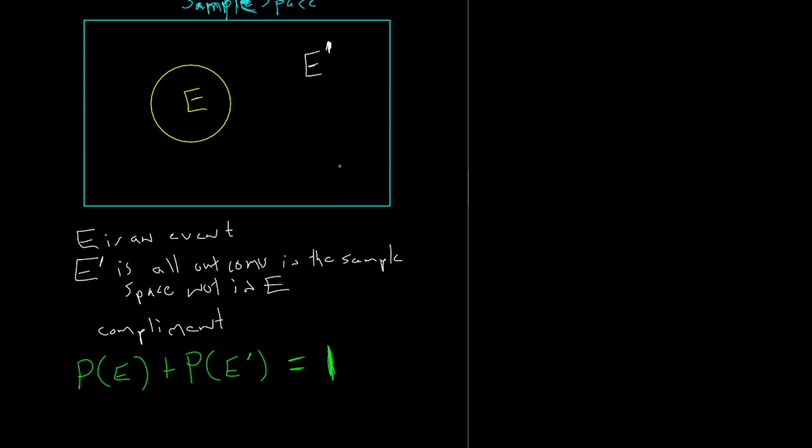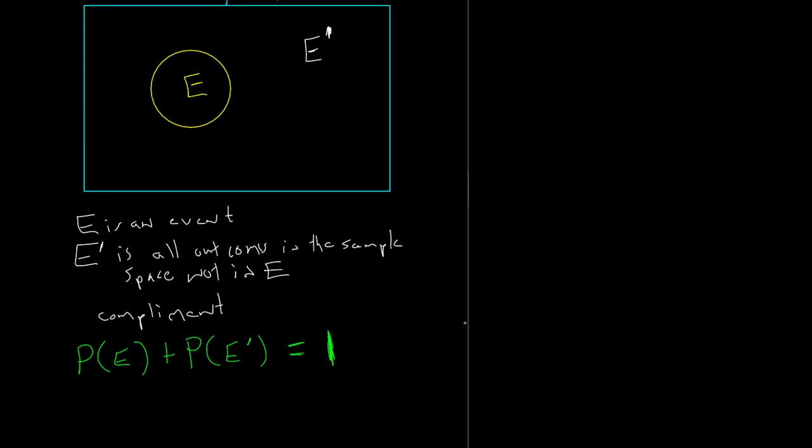Right? Picking E or its complement. Guaranteed. If I'm drawing from my sample space, it has to be one or the other. And this starts my algebra. From here, I can do some manipulations, and the rest of this chapter is doing manipulations with this idea and figuring out how much area these things cover, one event or multiple events will cover.